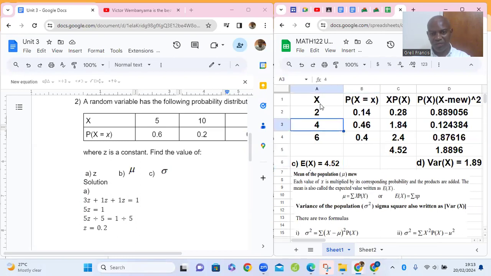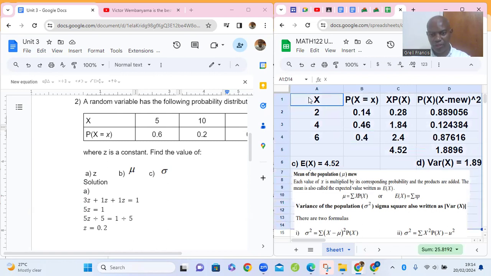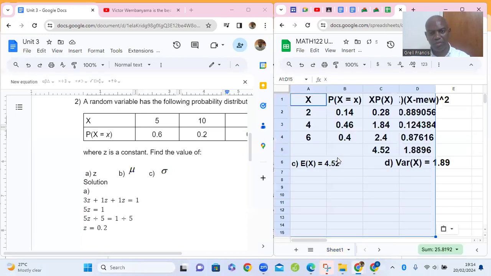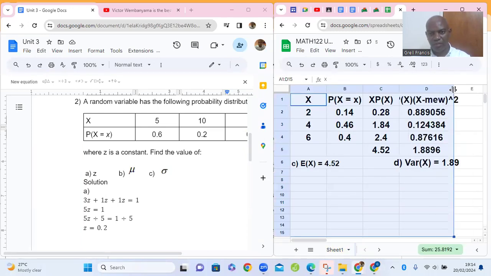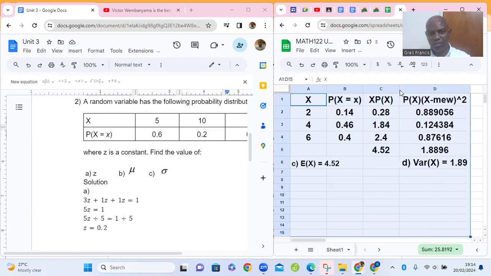So to preserve these values, I simply added another sheet. So I'm going to copy this information and paste it in sheet 2. Let's see what happens. Right. So I transfer these formulas. What I'm going to do basically is to change the values.